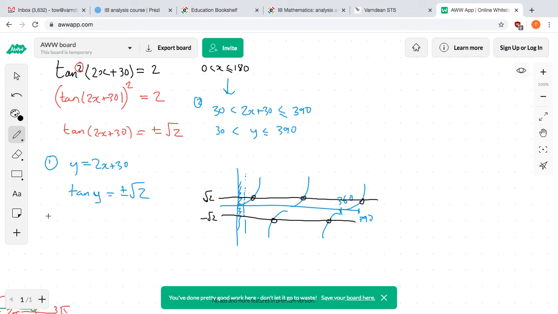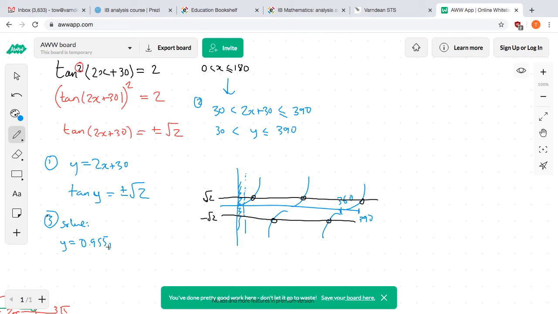Okay, so we solve. y equals inverse tan of root 2. 0.955.